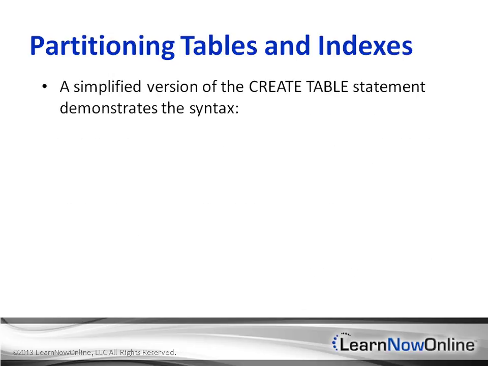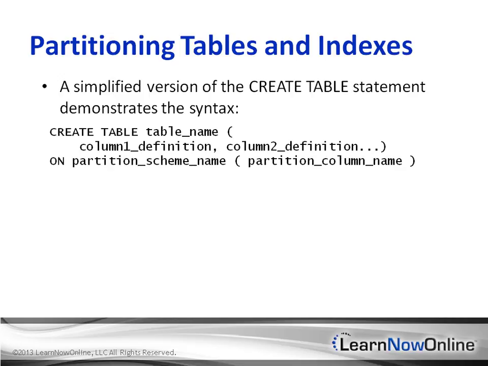A simplified version of the create table statement demonstrates what I just talked about. We're going to create a table, and obviously we give it a name, followed by its column definitions. The difference here is then we indicate what partition scheme we're going to use by using an ON partition scheme name, the name of an existing partition scheme, and then in parentheses we have to indicate which column within the table that we're creating should be used as the partitioning key.